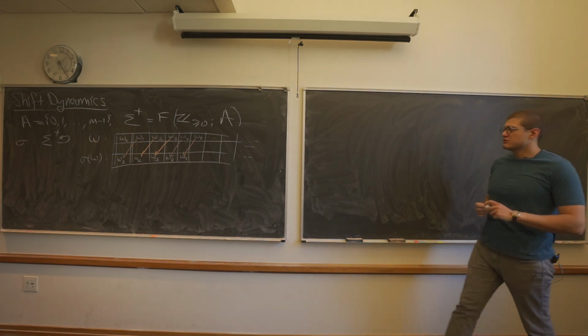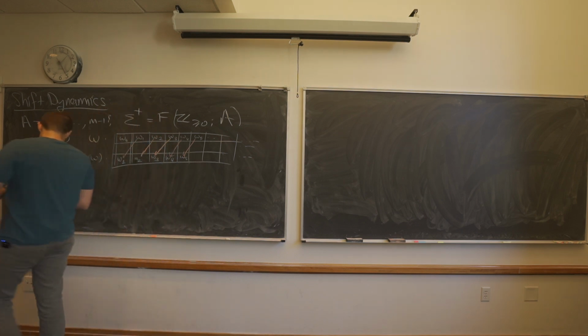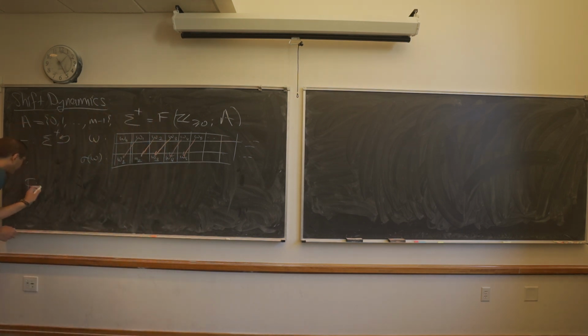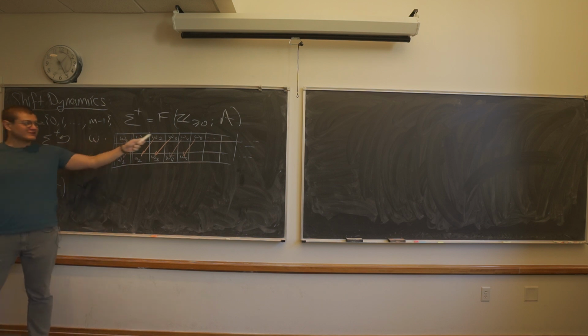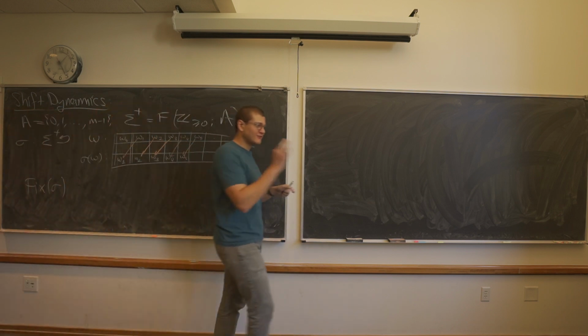What are its fixed points? Or maybe I should ask, how many fixed points are there under the shift? One point in this space contains infinitely many numbers, but I want a string of numbers that is fixed under shift.